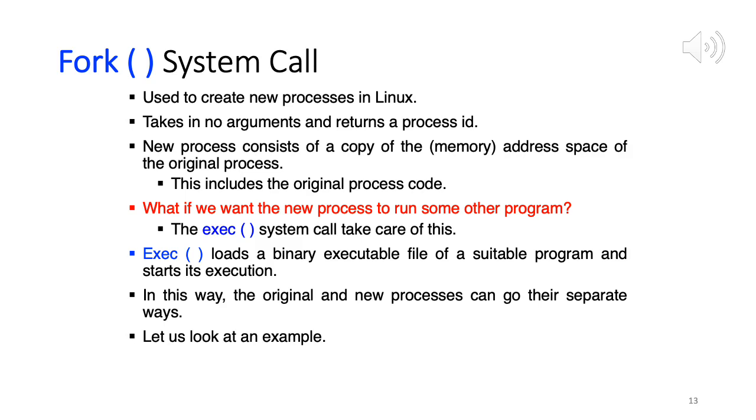So whatever code I have in 1.c, it will contain a copy of that by default, right? So likewise, if I am creating a process from a command line terminal using fork, then by default the new process creates a copy of the command line terminal, okay, original process code.